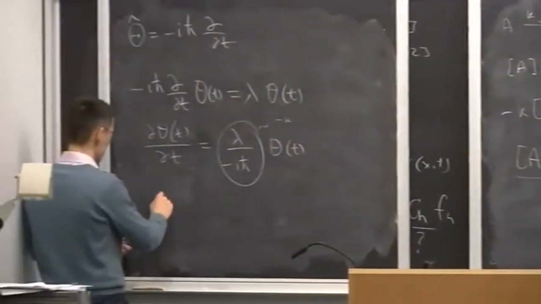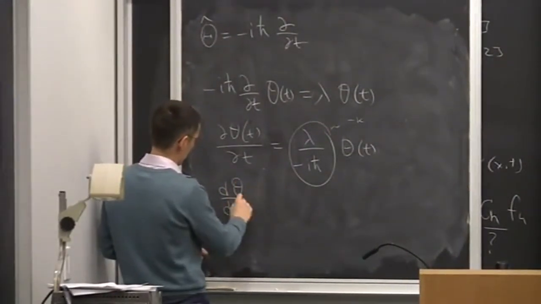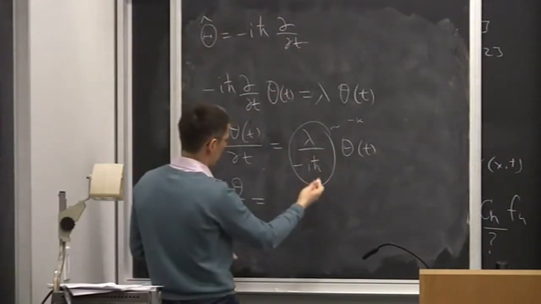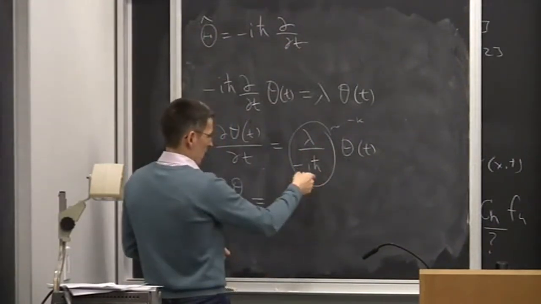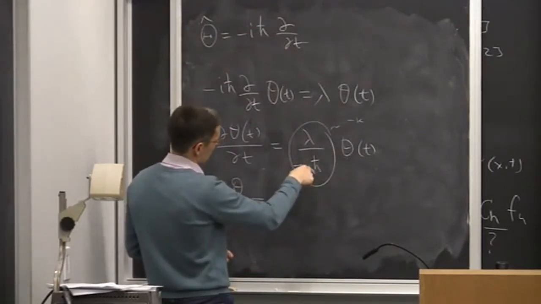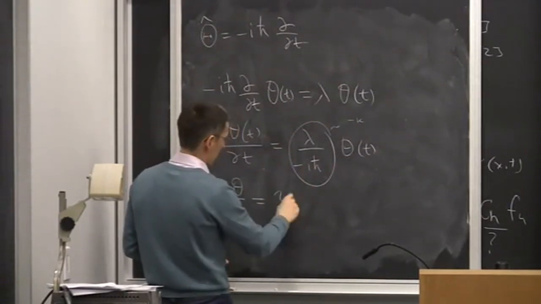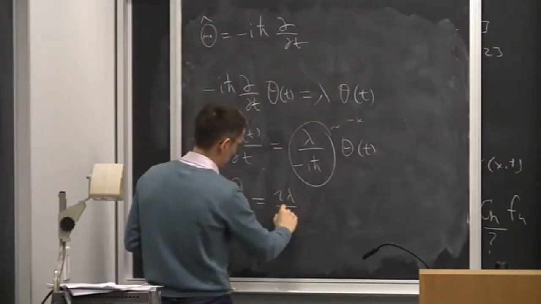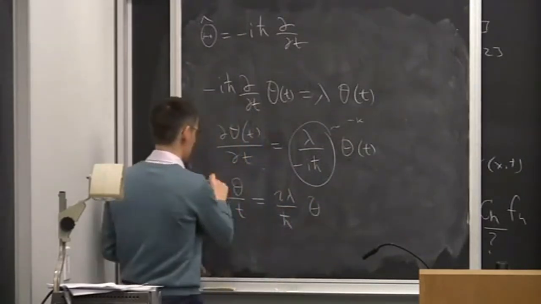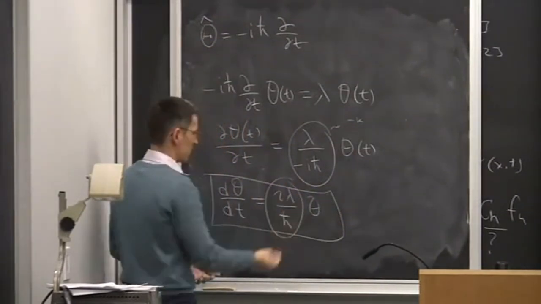So we can write it like this: d theta over dt equals to, now if we multiply by a, by I in the denominator and numerator, then we'll get I lambda h bar theta, right? So this is the equation, and this is just a constant.